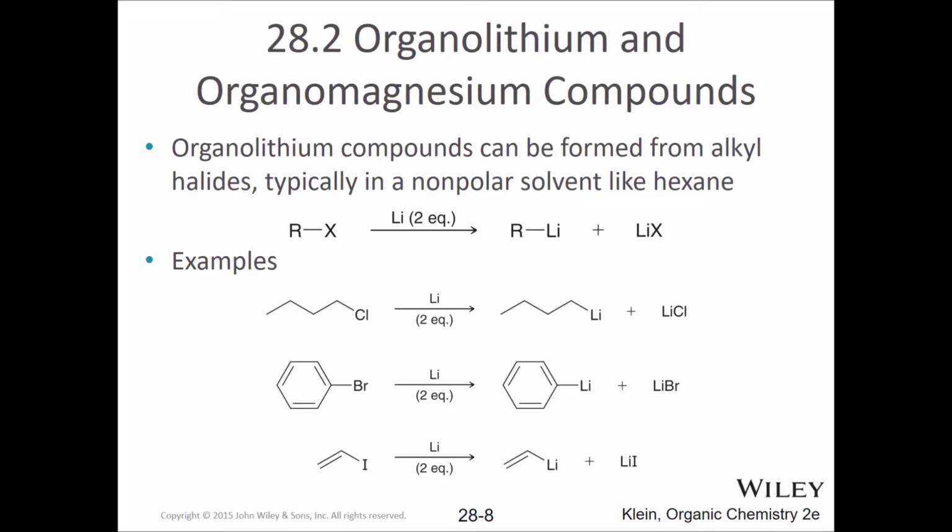We've got these before. An example of organolithium compounds are when you take an alkyl halide and you add lithium to it. It's going to say 2 equivalents, but if that's not there, you can assume it's 2 equivalents.